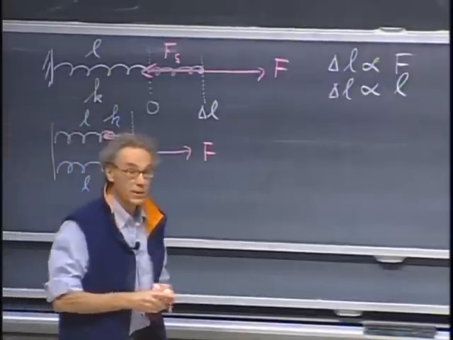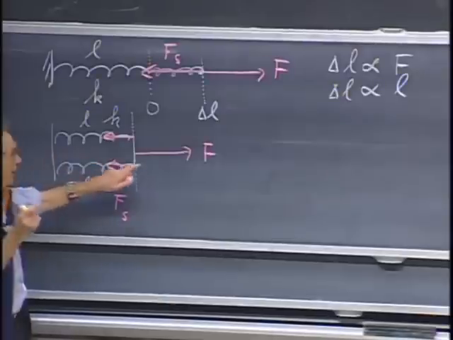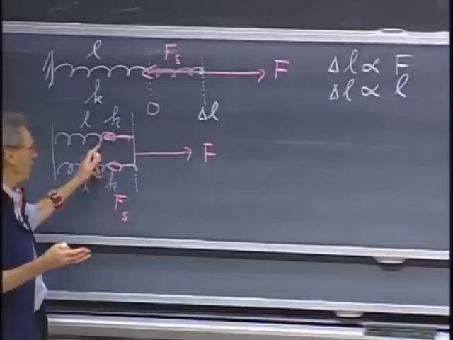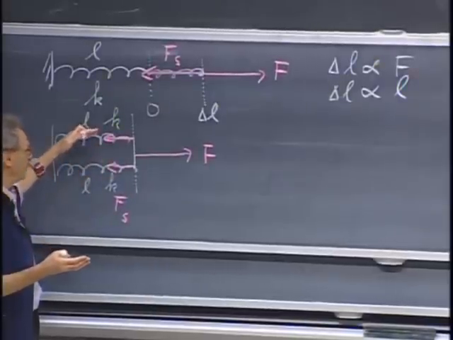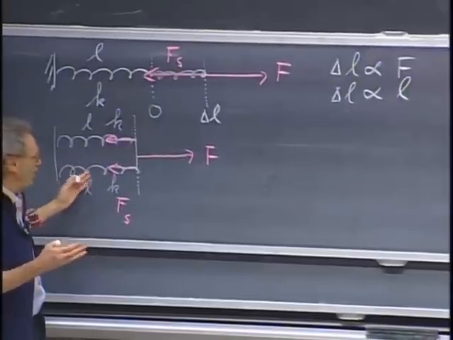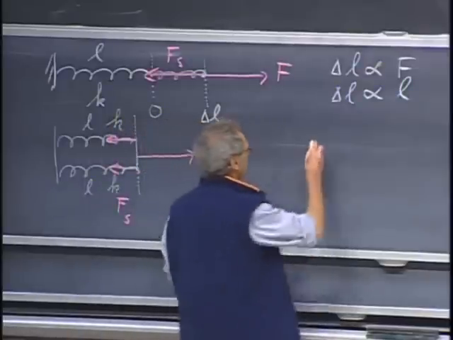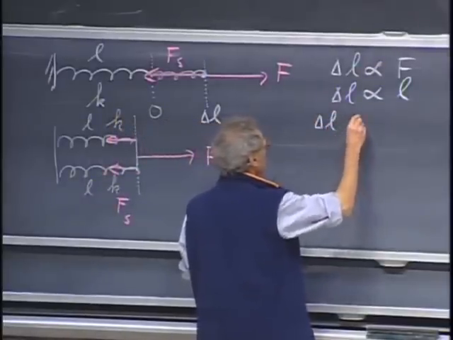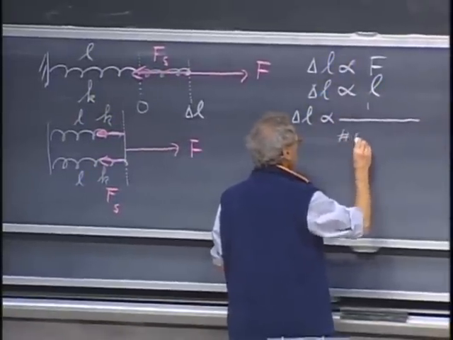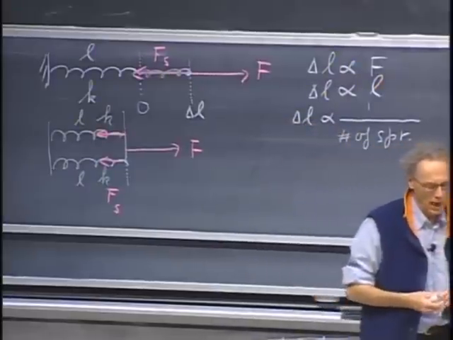In other words, the extension delta L that I obtain from this external force is now only half as much as it would be with one spring. And if I had three springs parallel, all identical, I would only get 1/3 of the extension for a given force. In other words, delta L is also inversely proportional to the number of springs that I have, assuming that they are identical springs.